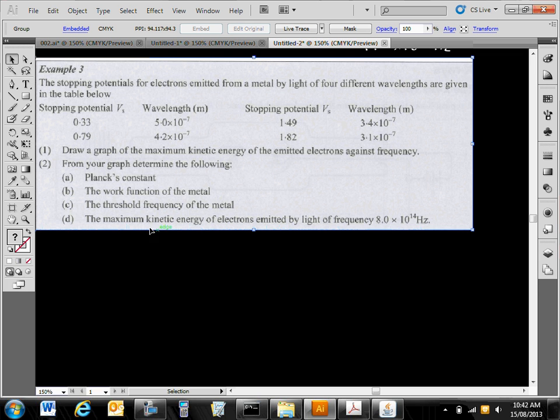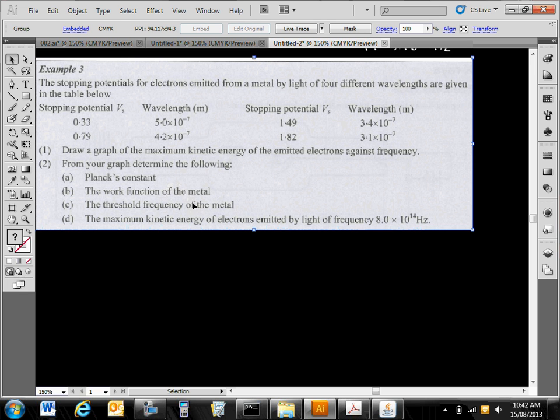Now, how will we calculate Planck's constant given a graph? Slope of the graph. How will we calculate the work function given a graph? Y-intercept. You could use the threshold frequency, yes.